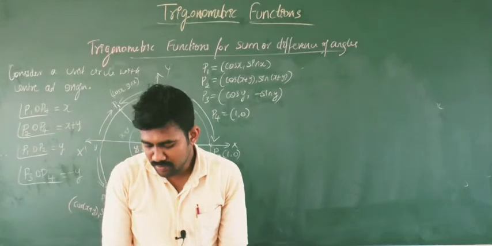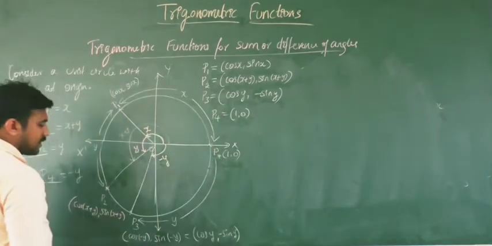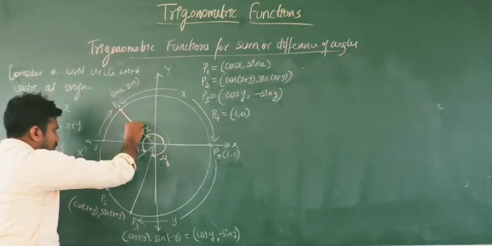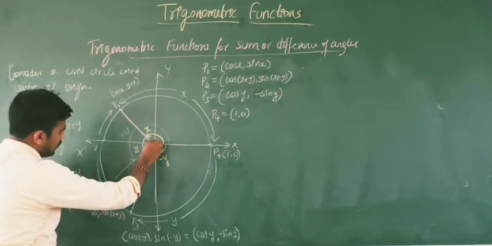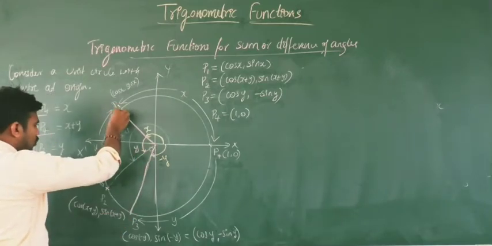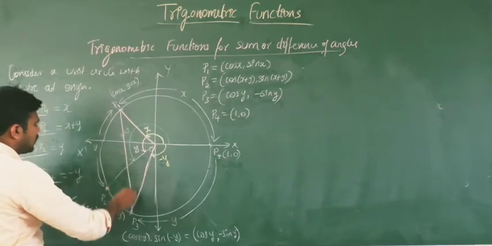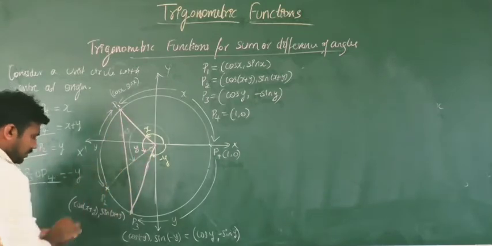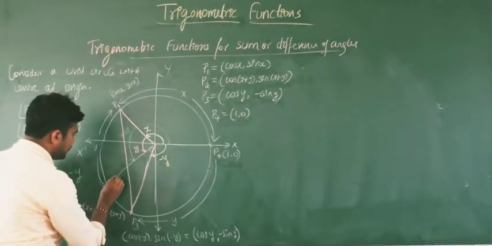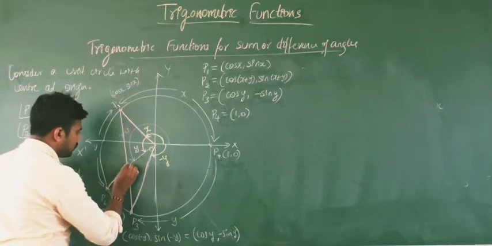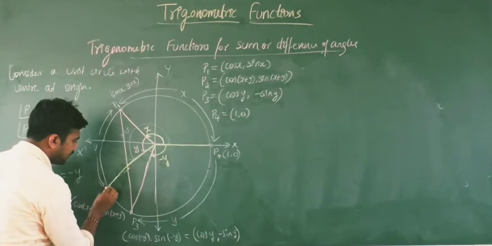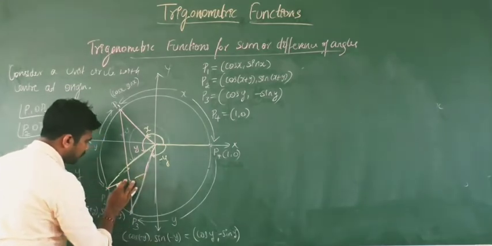Now see, observe the triangle here. I'll consider one triangle, P1 O P3. By joining P1 and P3 we'll get one triangle. Similarly, another triangle I'll consider here, P2 O P4, again by joining P2 and P4 by a straight line.